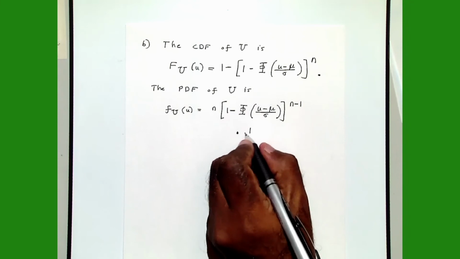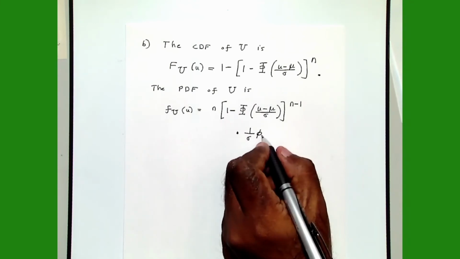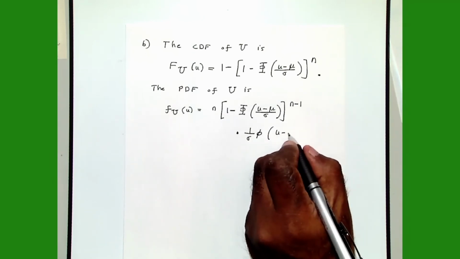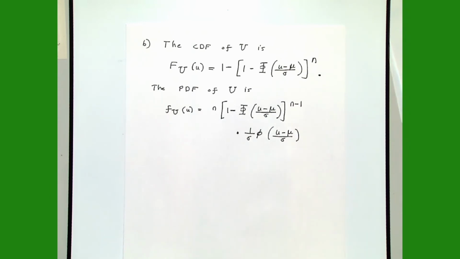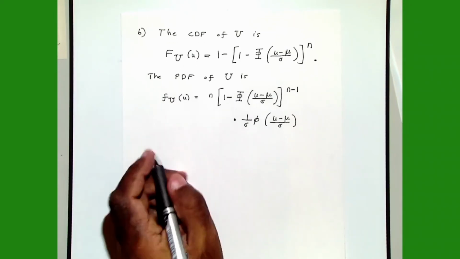Multiplied by 1 over sigma times little phi, which is the PDF of the standard normal. Right. Okay, so this is the PDF of minimum portfolio loss.